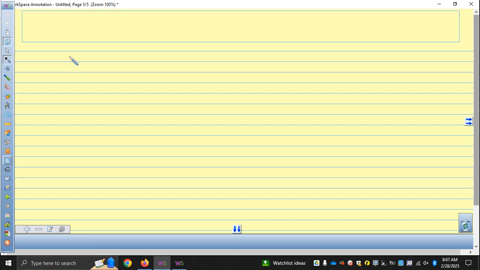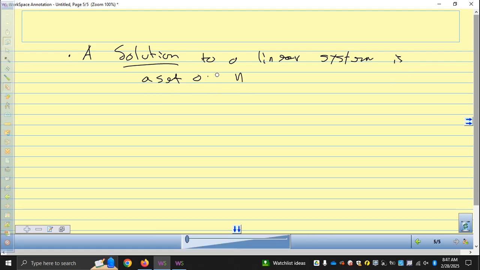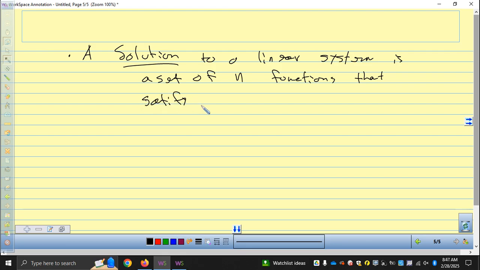All right, a solution to a linear system is a set of n functions that satisfy each of the differential equations, I'm going to say DE, that make up the system on some common interval.